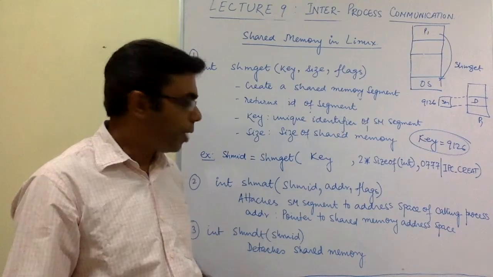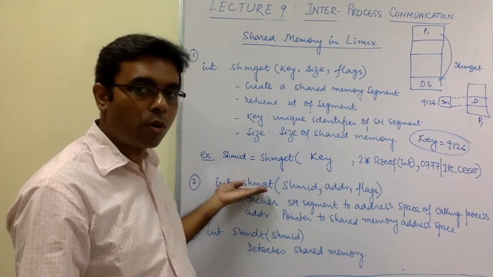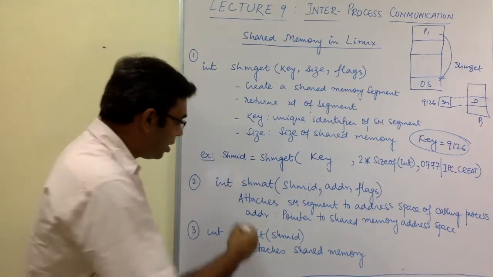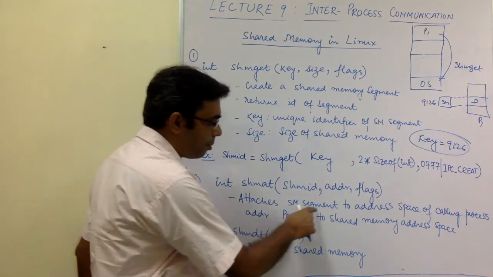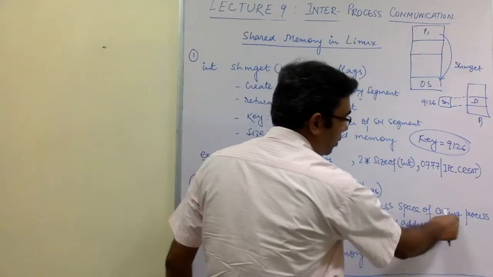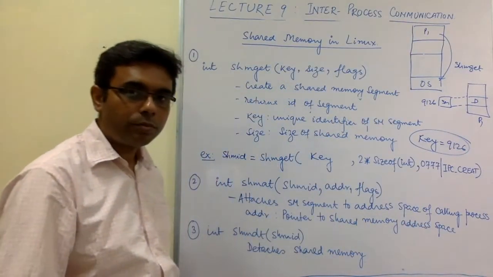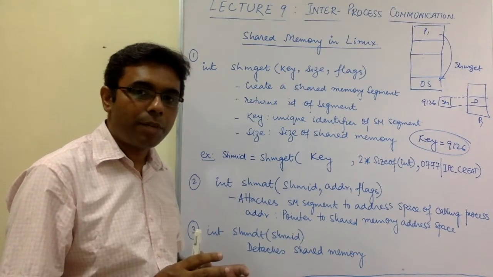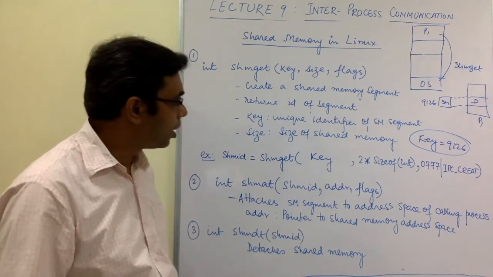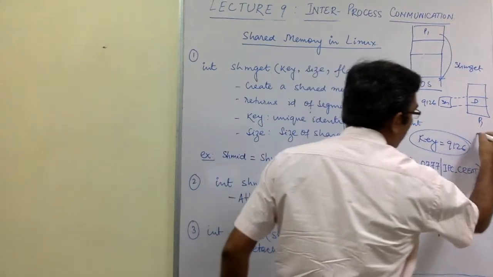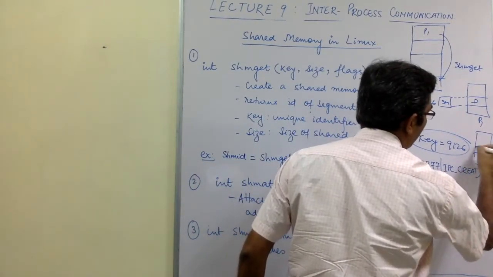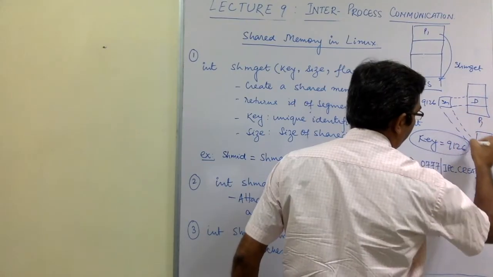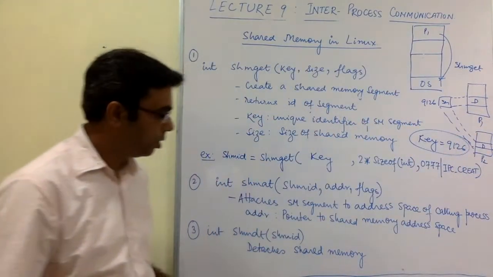Okay, and the way to do it is through this system call called shmat. What it does is it attaches the shared memory segment to the address space of the calling process. So whoever makes use of this, that shared memory segment gets attached. It could be P1, it could be P2. P2 could also like to attach, in that case it also has to make use of this shmat system call.